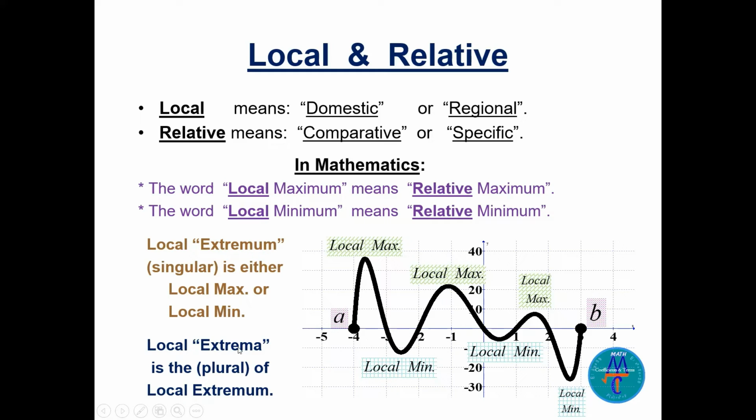Local extrema is the plural of local extremum, if we have more than one local or relative extremum. See, here we have local maximum, local maximum, local maximum. This is local minimum or local minimum, or relative minimum and relative maximum. Let's see more terms.